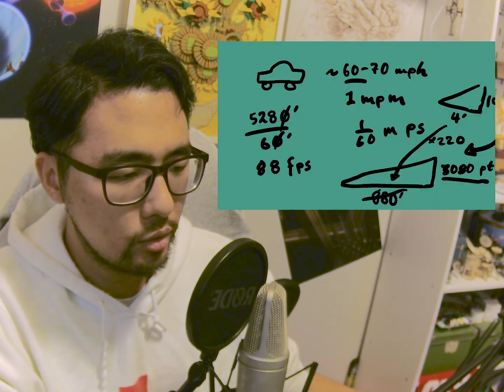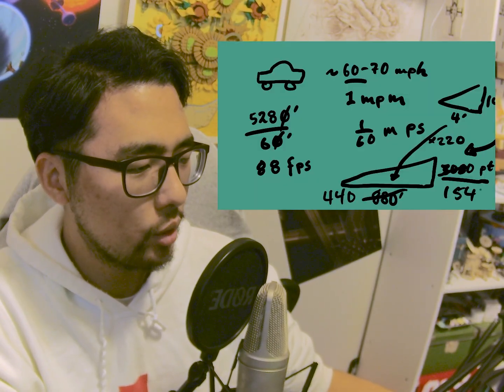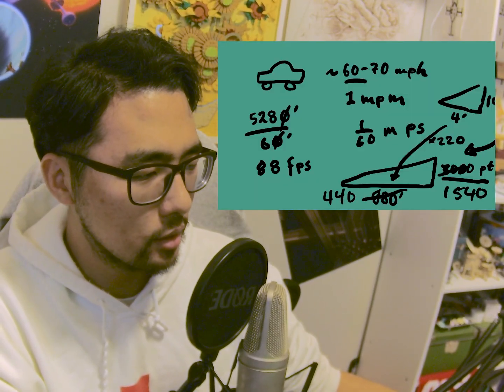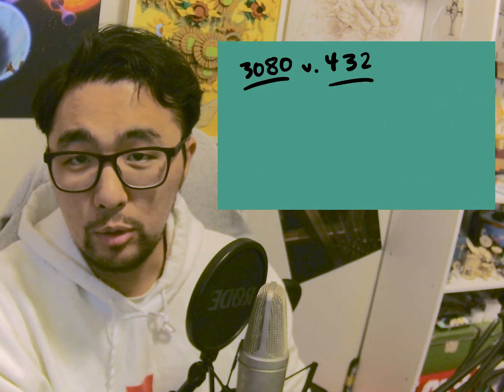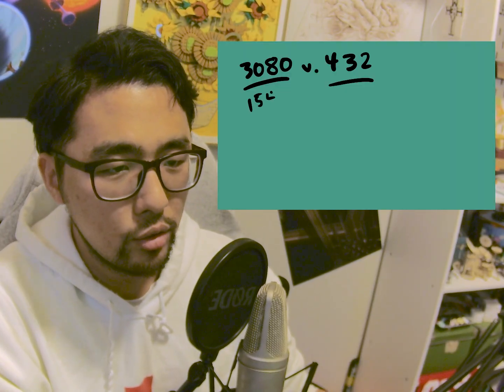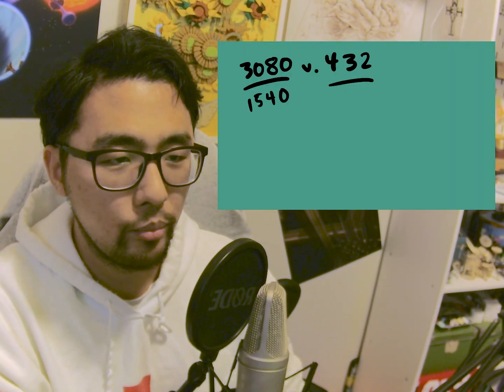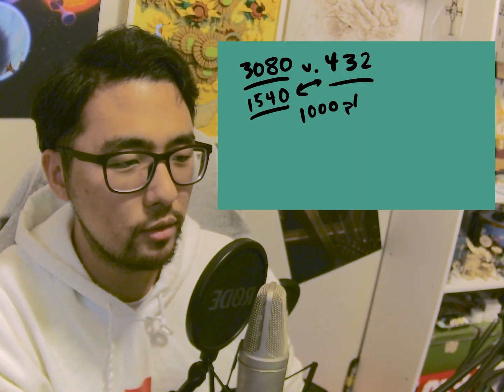That would reduce this to 440, but that would only decrease this to 1,540 points, and that's still far away from our 432 points, which is not great. So let's be generous and say we have reduced this to 1,540. We are still more than 1,000 points off.